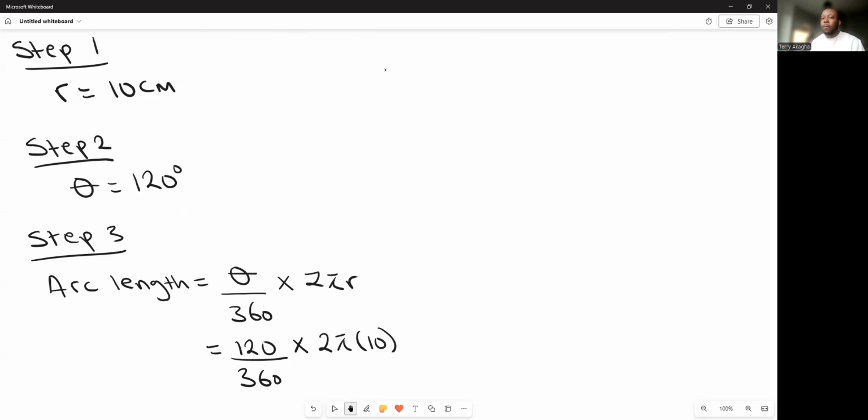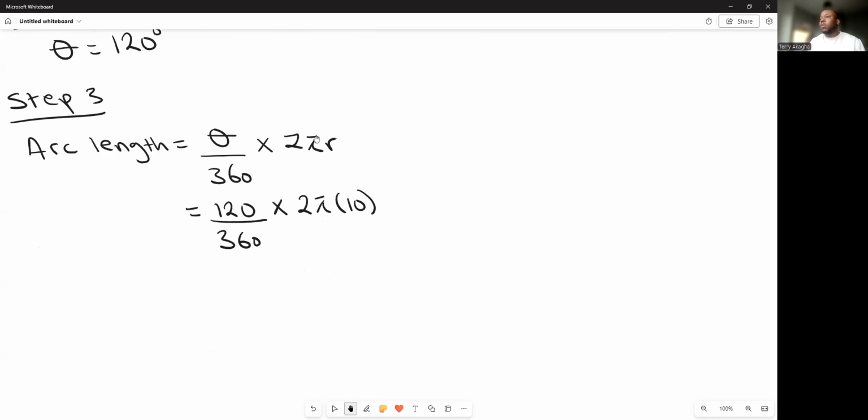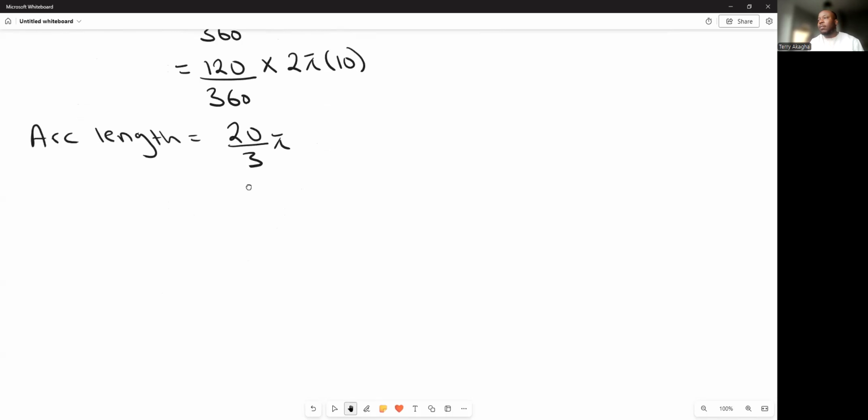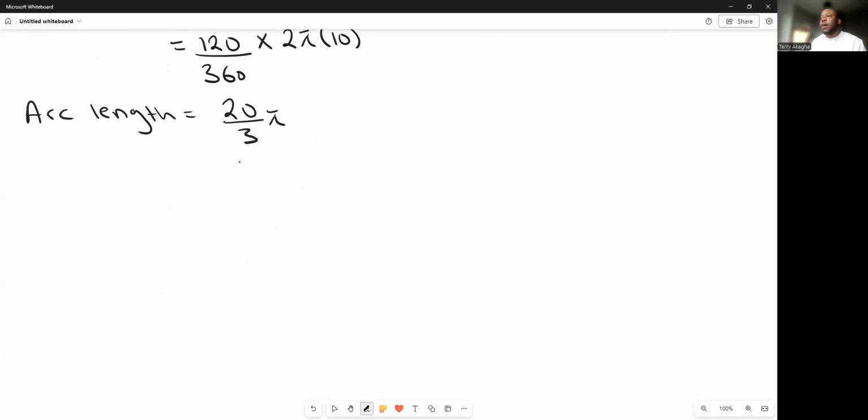Is that making sense? So when you put this in your calculator, the arc length is going to give you 20 over 3 pi. Now, when we've gotten the arc length, steps 4 and 5 together, we'll then put it in the formula and simplify.